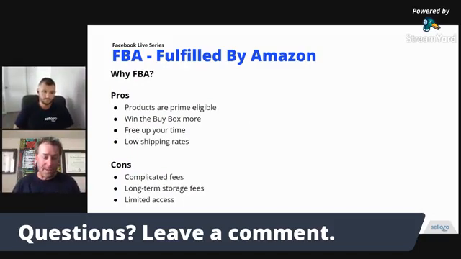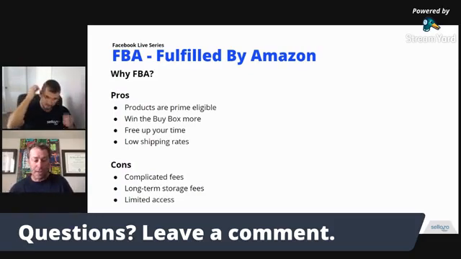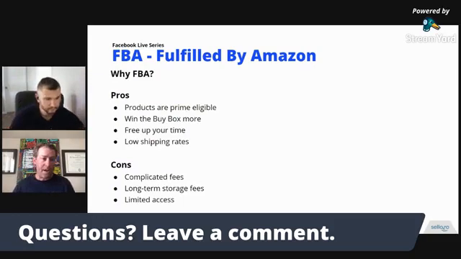But for you as the seller, all you have to do is print labels that you put on your individual products. That's the barcode that Amazon will scan, so it can scan it in and out of inventory and knows it's your product. So you label those, put them all in a box. Amazon gives you discounted shipping to send it in. They'll tell you which warehouses to ship it to. You print it, put it on a box, and then you're done. That's the basic process of sending it in.